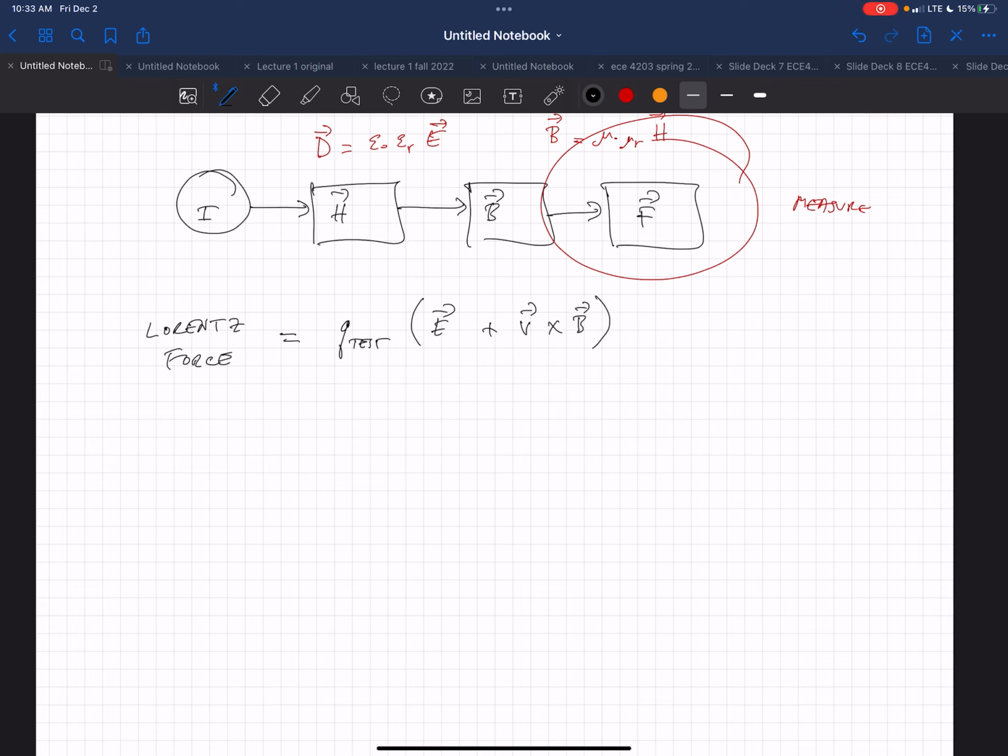So you end up with the curl, sorry, not the curl, the cross of the magnetic field with the velocity, which will give you the direction of change of the electron.